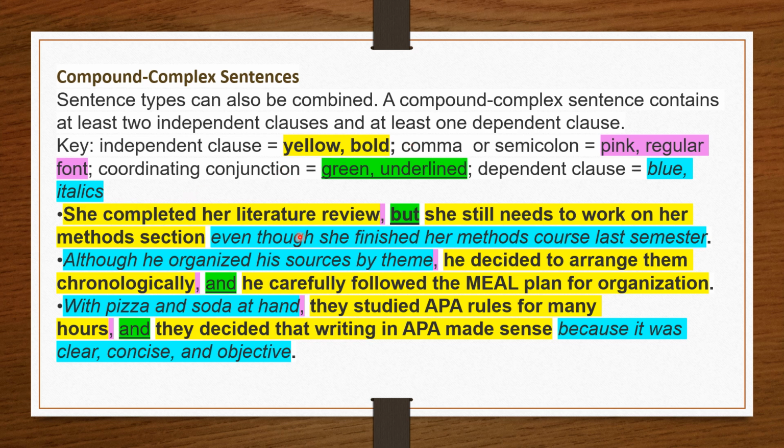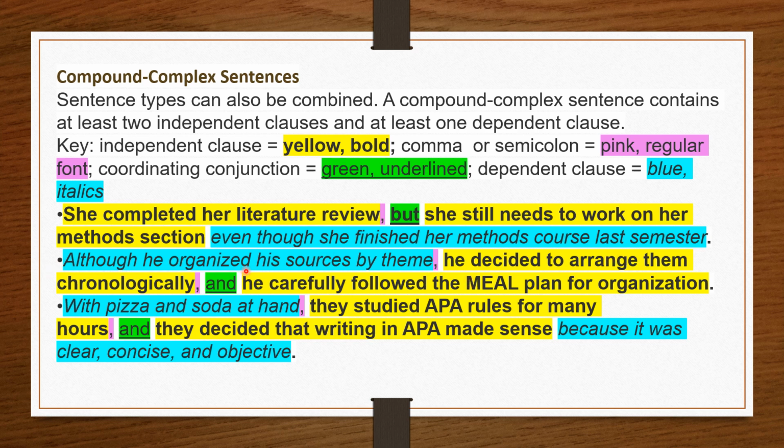She completed her literature review, but she still needs to work on her methods section even though she finished her methods course last semester. The highlighted yellow is the dependent clause, and there's a comma here, but in the coordinating conjunction, she still needs to work on her methods section. This is another independent clause. Even though she finished her methods course last semester, this is a dependent clause.